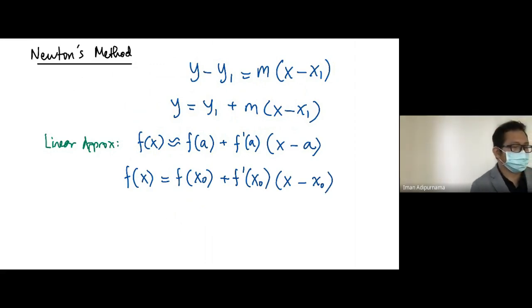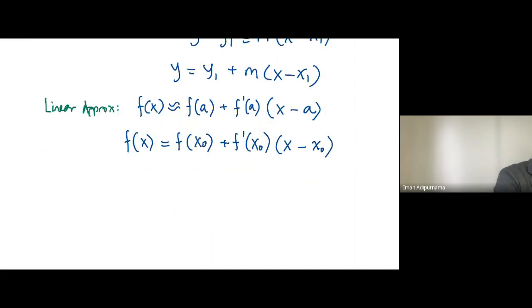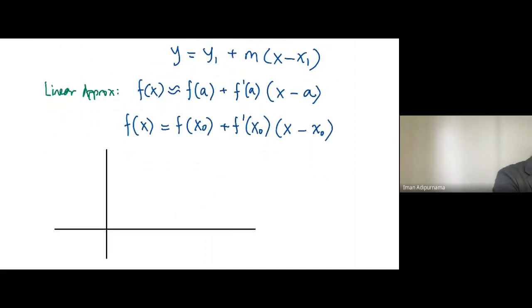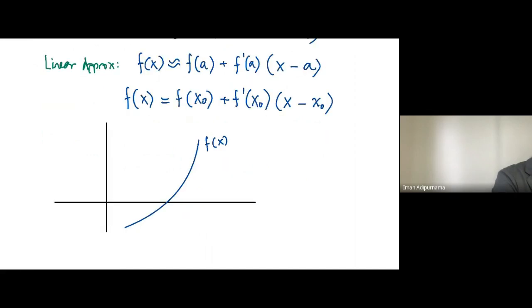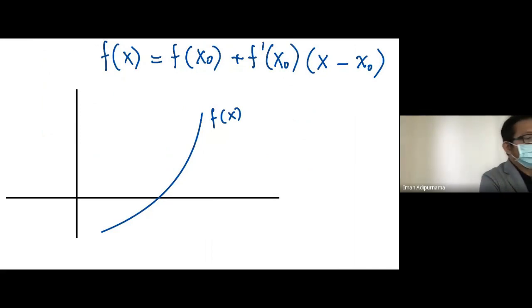Newton's method, if you remember correctly, if this is f of x, you want to find the roots on the curve. So you want to find when the function is 0. You need to find the x.